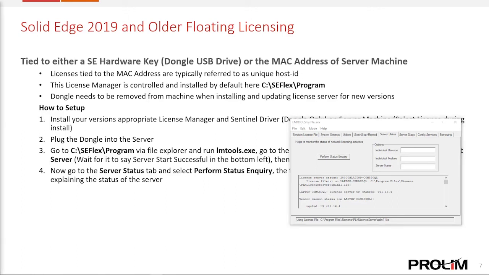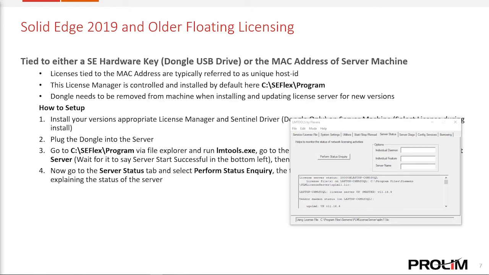Now, if this were to say vendor daemon off, as an example of something going wrong with the system, my typical reaction to vendor daemon off is that the license file doesn't match the server. So this might mean the license file is restricted to a CID, or the dongle is not plugged in, or a MAC address is incorrect, right?